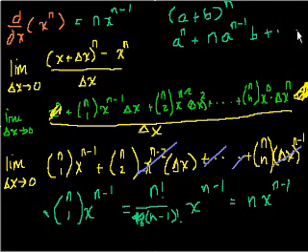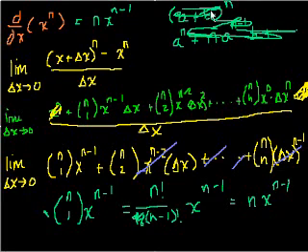And then you could keep having a bunch of terms. But these are the only terms relevant in this proof, because all the other terms go to 0 when delta x approaches 0. So if you just knew that, you could have done this, but it's much better to do it with the binomial theorem. Ignore what I just said if it confused you.